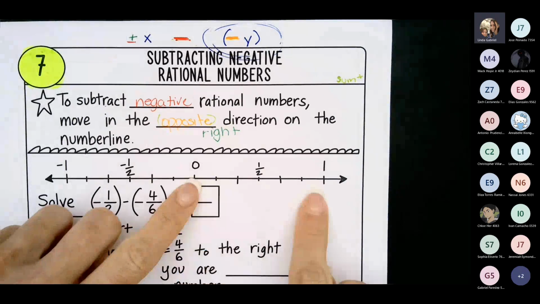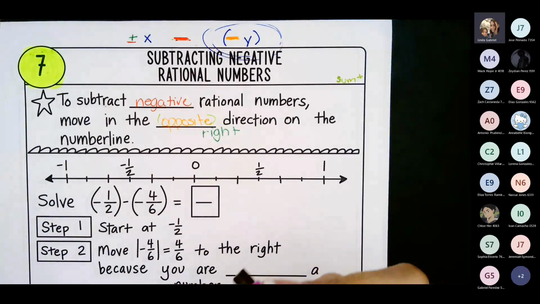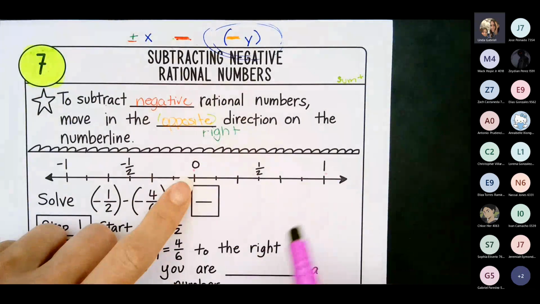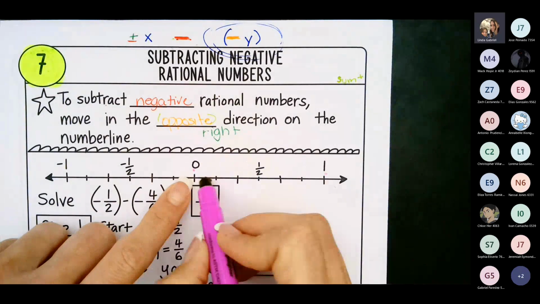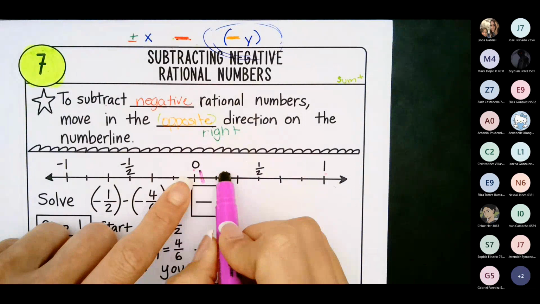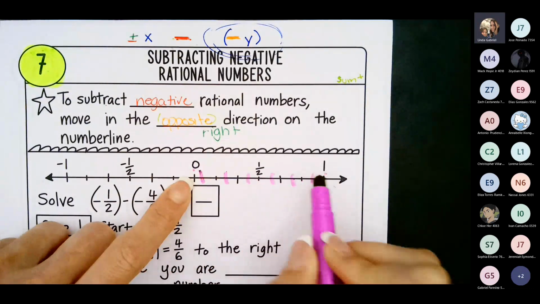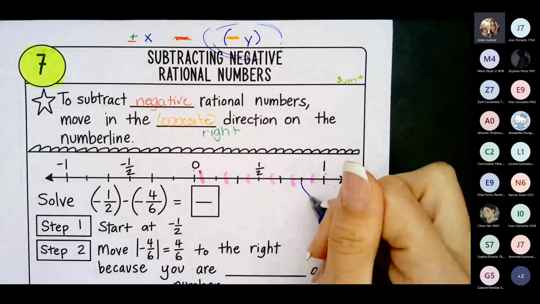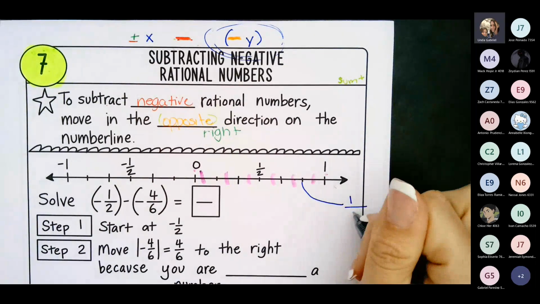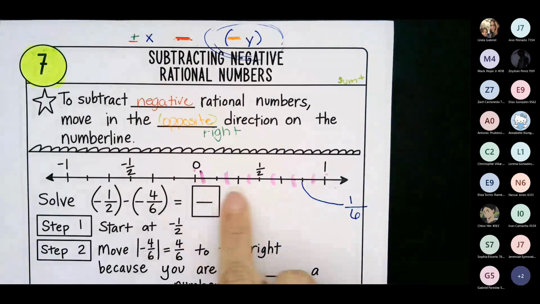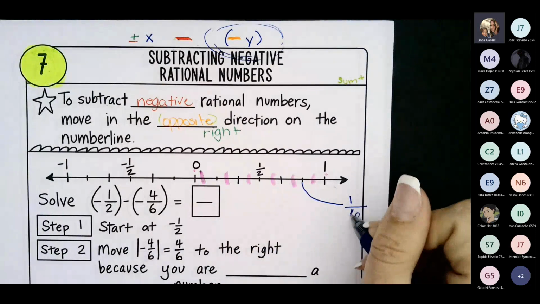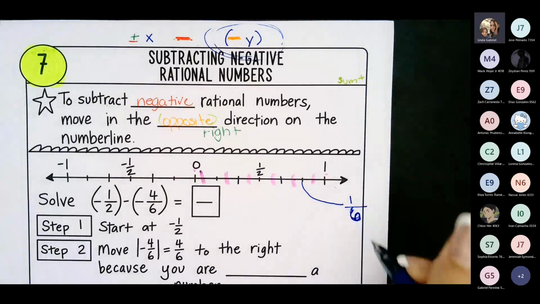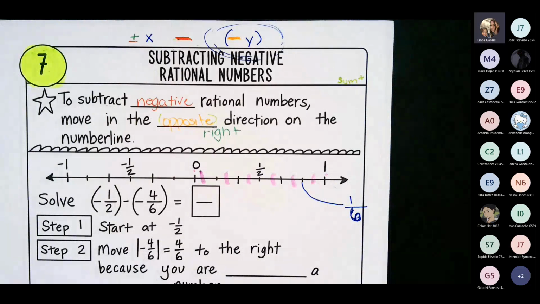We have our number line. We know how to do this, but from 0 to 1, my line is divided into 1, 2, 3, 4, 5, 6 segments. That means each line is worth 1/6, right? This section is divided with denominator 6.